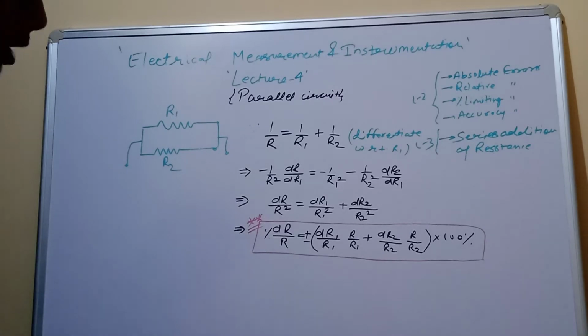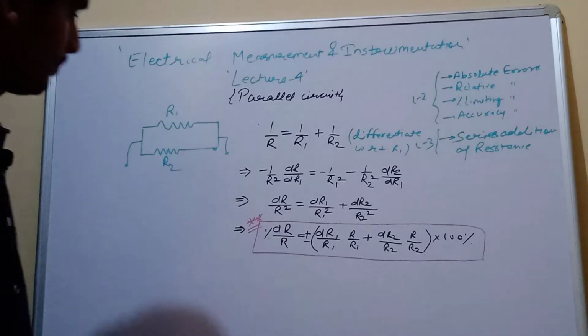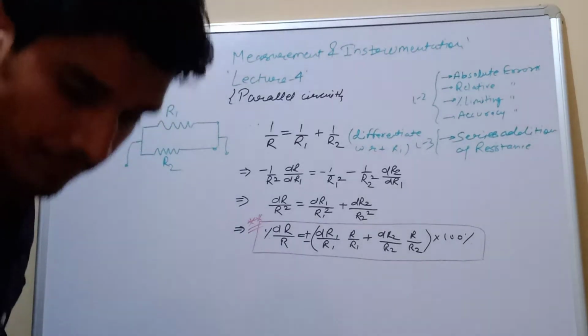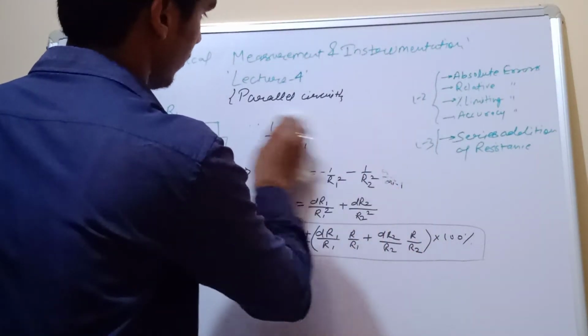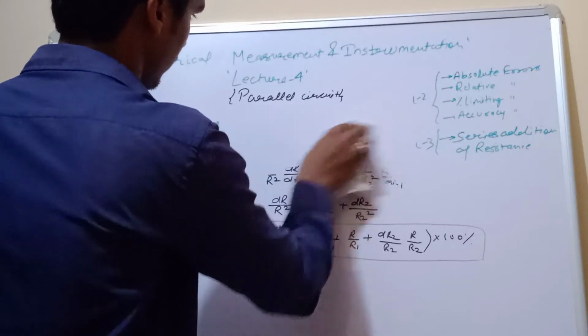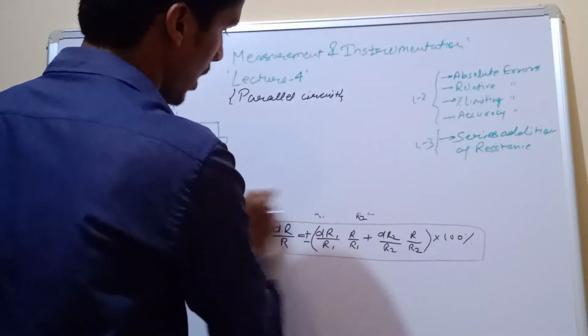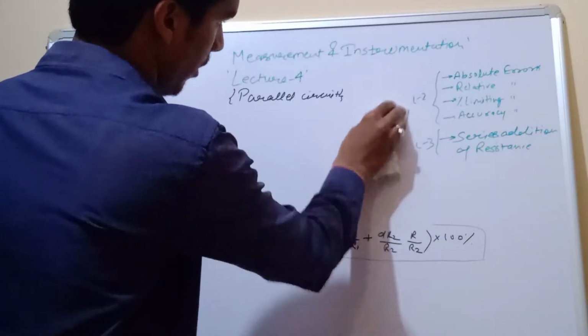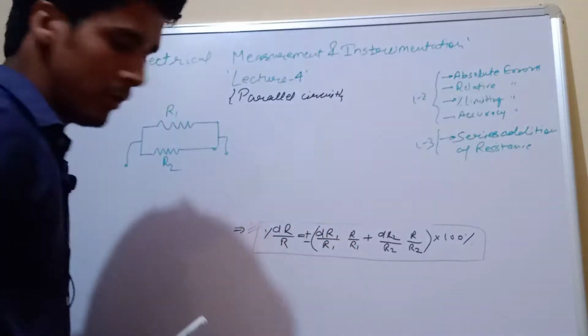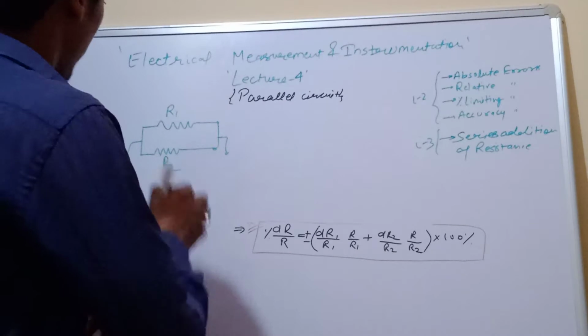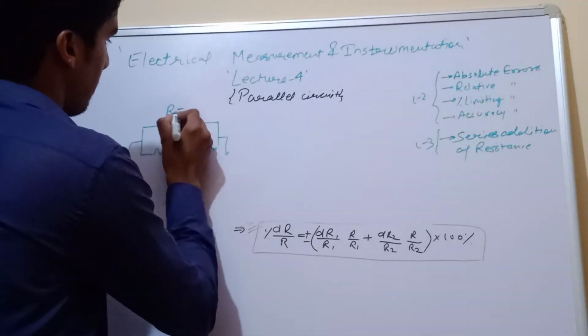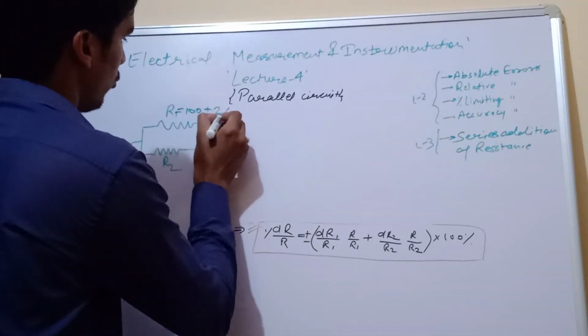Now we will start with an example. I am not going to erase this formula because it will be used frequently in the explanation. Let the value of R1 be given as 100 plus minus 2%.